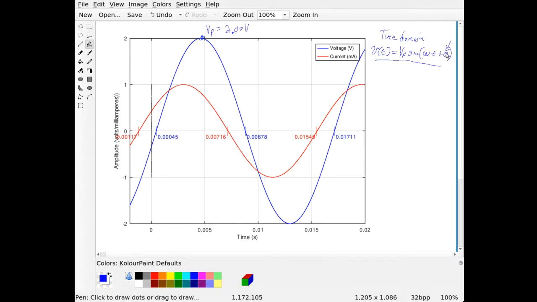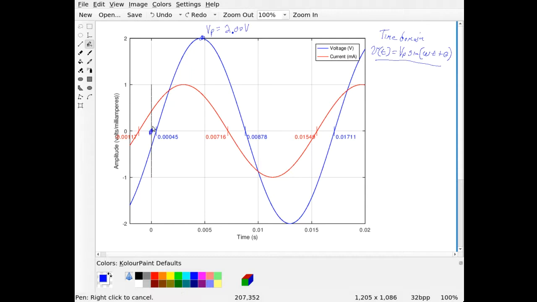Then this theta here is the Greek letter theta. Sometimes we use the Greek letter phi, or some other letter, for a phase shift. The phase shift tells us whether it's crossing at 0.